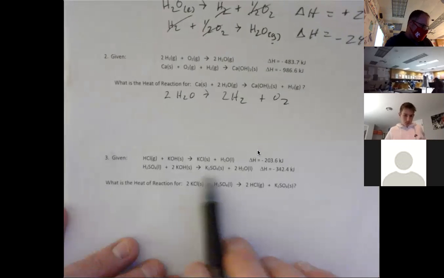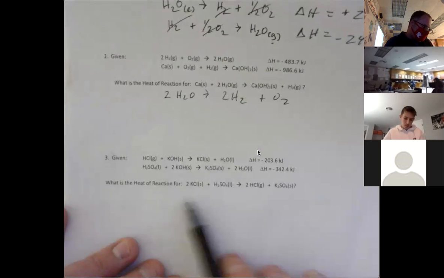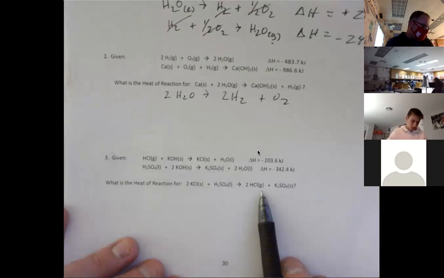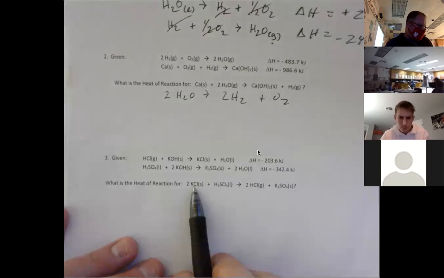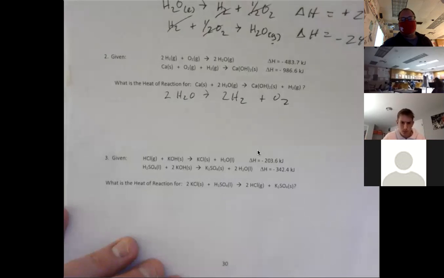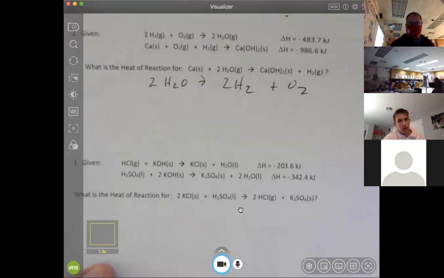We have these two reactions. We want to make them into this. So the first thing that you see is what? Why not just take the first thing? Can you find the KCl? Take the first one and flip it.